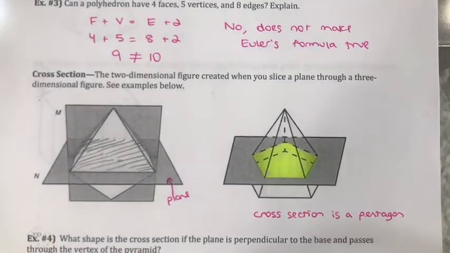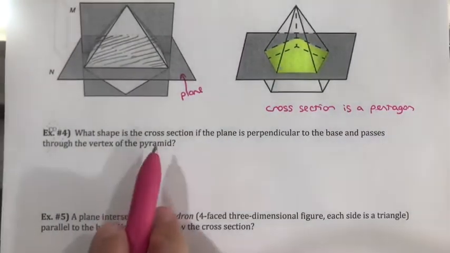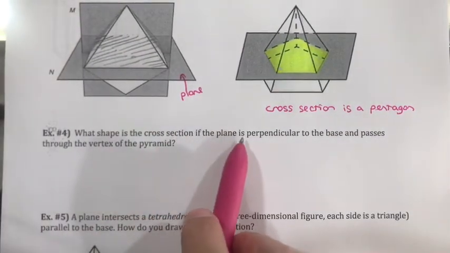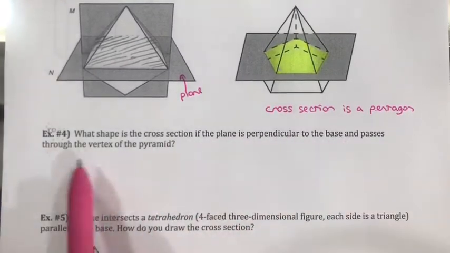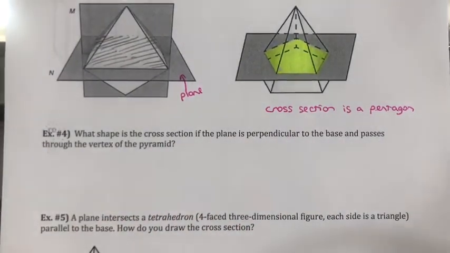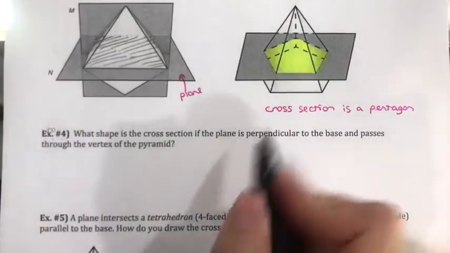Okay. So let's take a look at example 4. What shape is the cross section if the plane is perpendicular to the base and passes through the vertex of a pyramid? So I actually need to draw a pyramid. Most of the time I will try to give you guys a drawn diagram, but it's also good for us to practice.